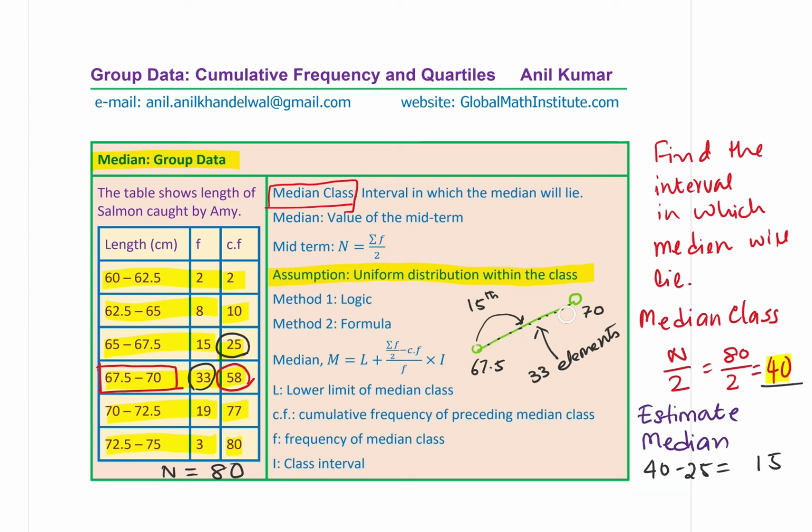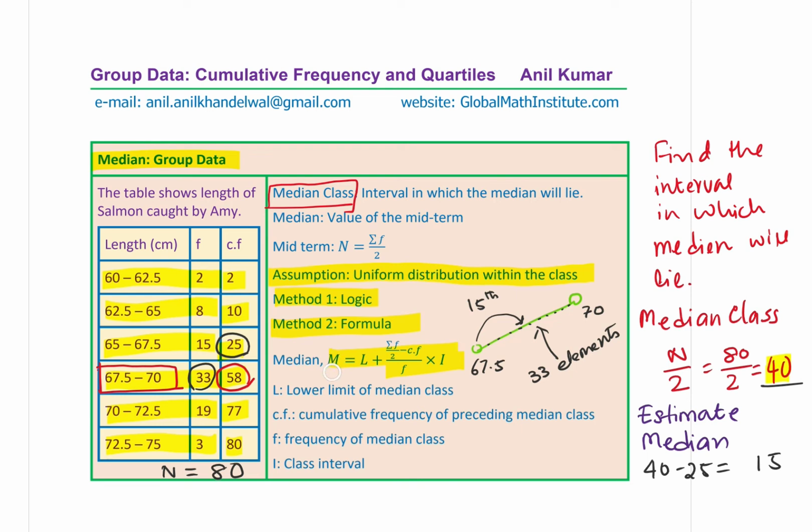Well, I've told you the logic, but now we are going to use two different methods. The method which I was discussing is the logic. So we'll work with the logic to find the median, and then from the logic, we'll actually derive the formula, which is written here, correct? So let me explain the formula also written here.